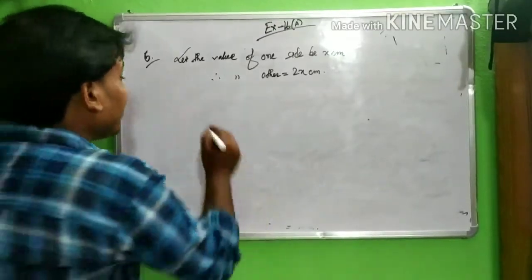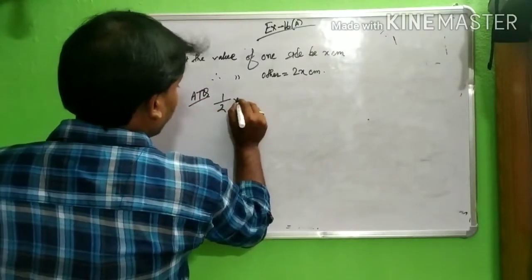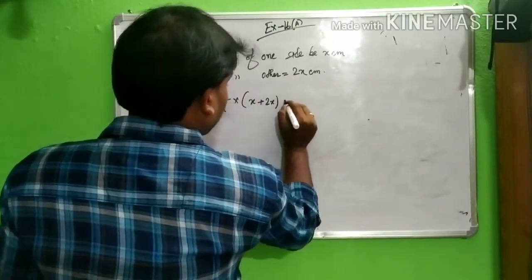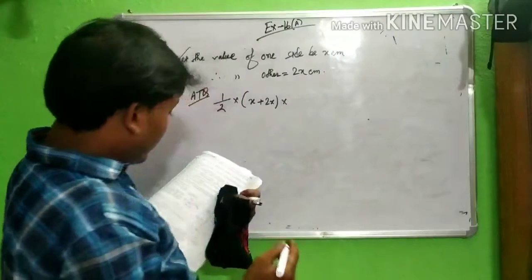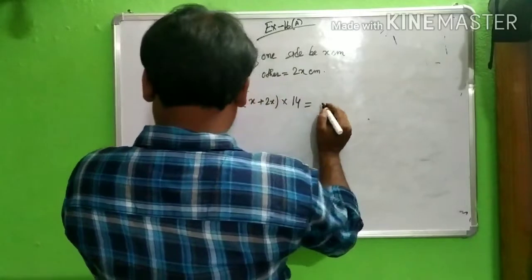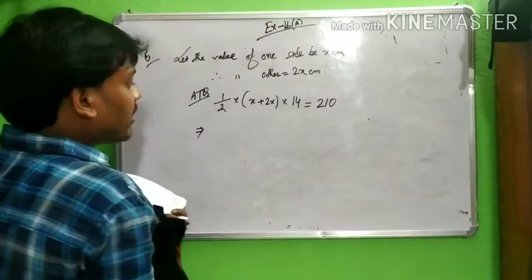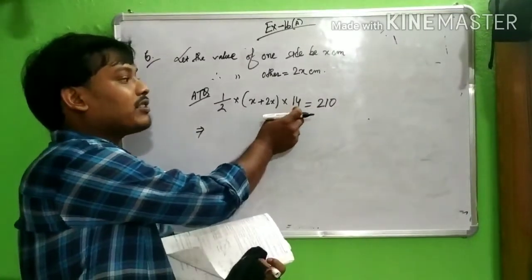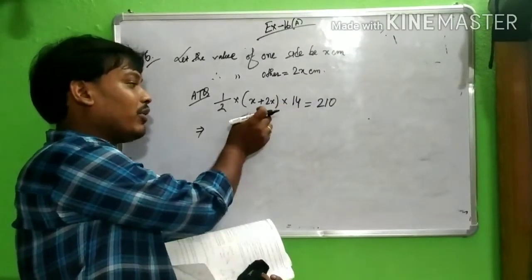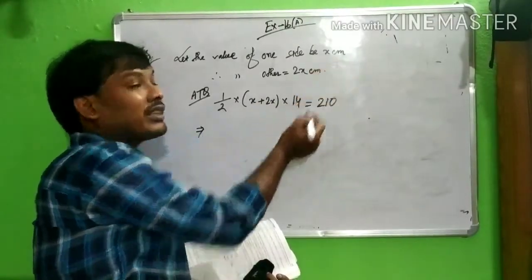So we can directly write according to the question, half into sum of parallel side, that means one is x, another is 2x, into height given in the book 14 centimeter, equal to 210. Here no need to write the unit, because on this side also centimeter is square, on this side also centimeter is square. From here the value of x comes only with numeral value, not with unit.